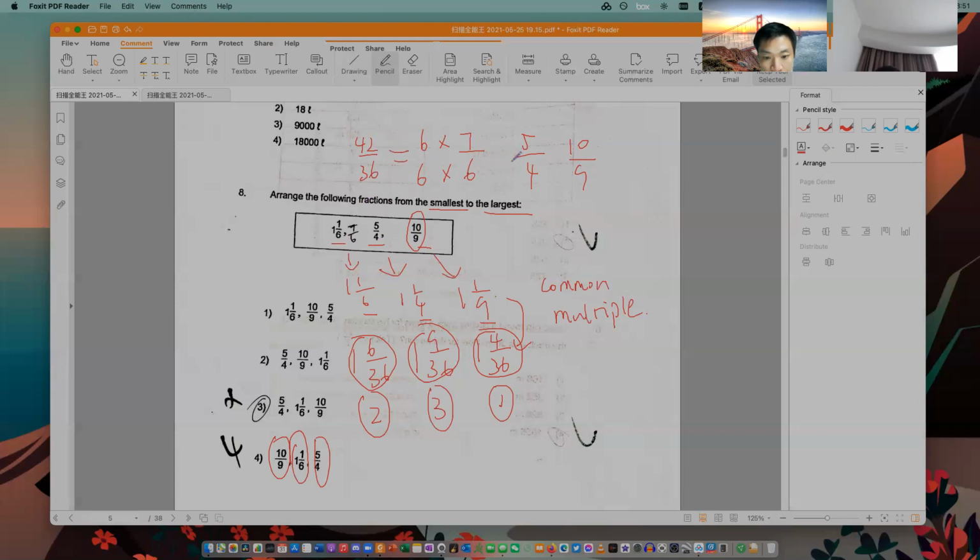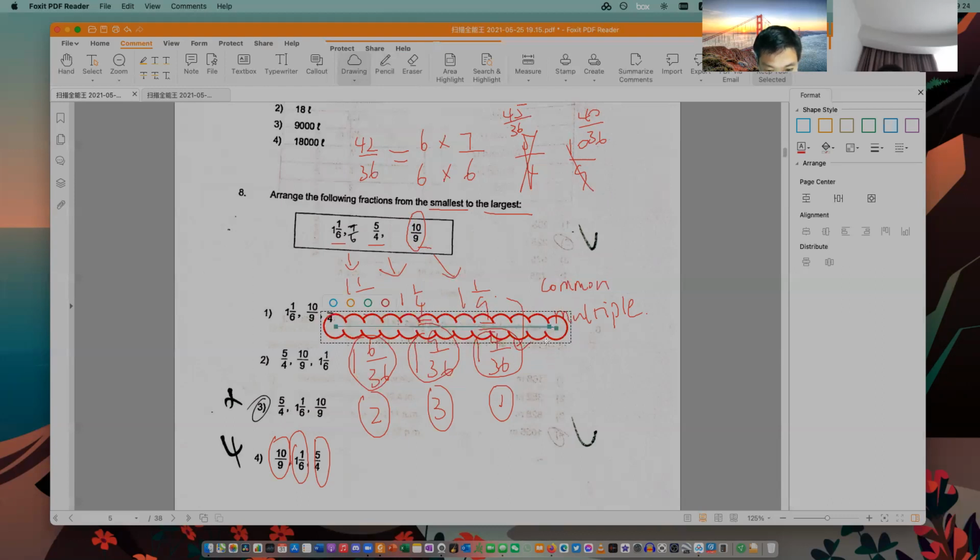For this one, then of course you need to times 9, so you get 45 over 36 here. Okay, then over here you get 40 over 36. Of course, this is also one of the ways to solve it, but I prefer to do it this way. Okay, I change it to a mixed number because all of these are going to be smaller.